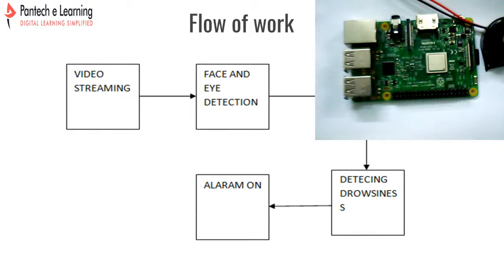I will discuss this in coming slides. Then we detect whether the person is drowsy or not, and then the alarm system. This is the workflow of the entire project.